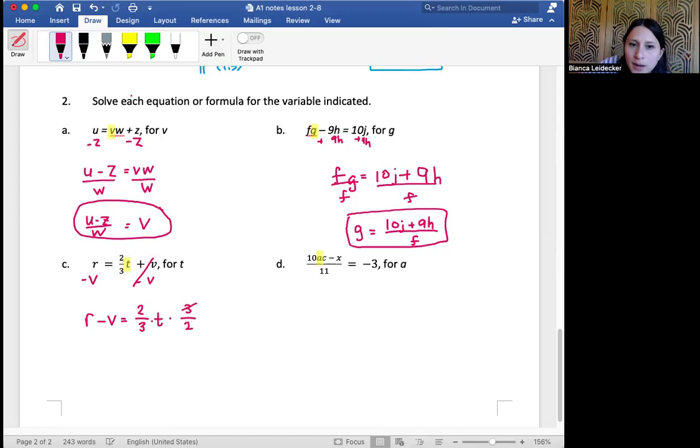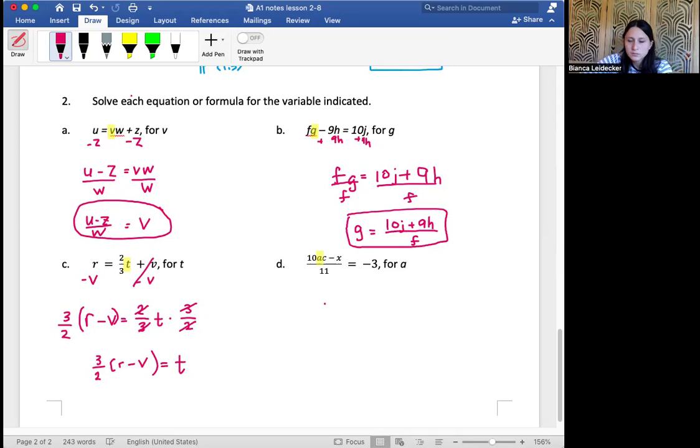When I divide by 3/2 on both sides, on this side, 3/2 goes away. Now be careful here because 3/2 is not just multiplying r, it's multiplying everything. So I've got to put that in parentheses. 3/2 times r minus v equals c.